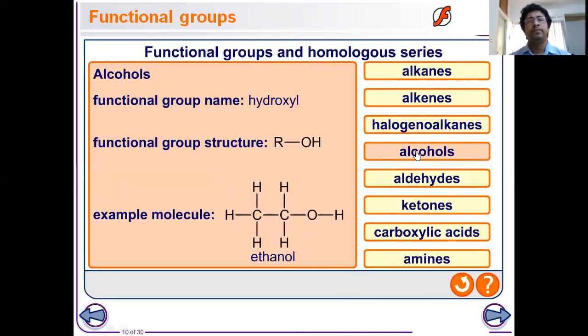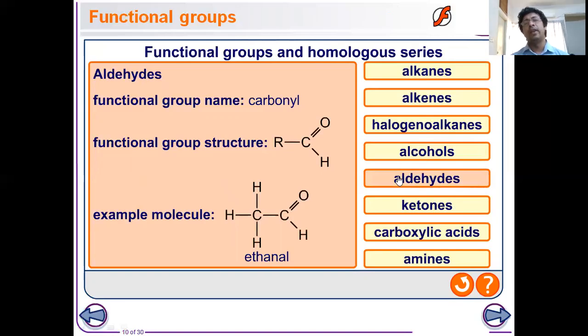Alcohol's functional group structure is ROH. The displayed formula is shown here. OH is the functional group of alcohol. R is the alkyl group. So the functional group structure of alcohol can be shown in this way.